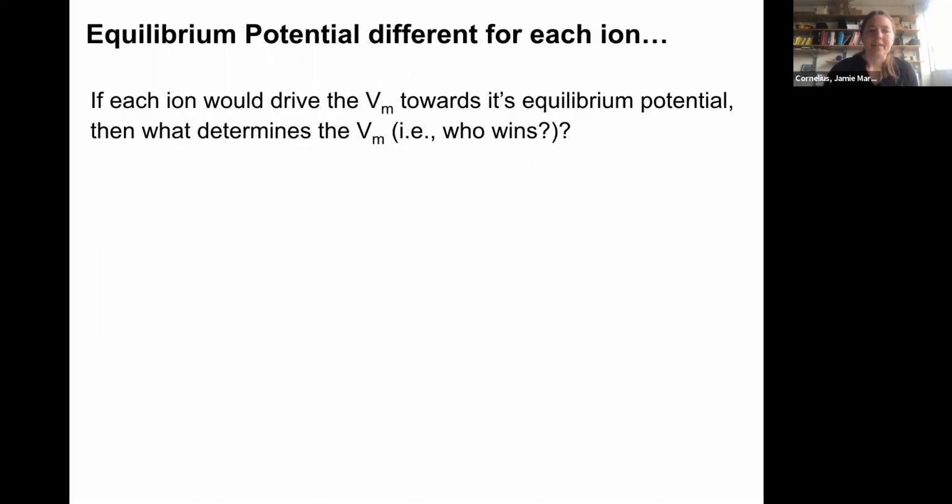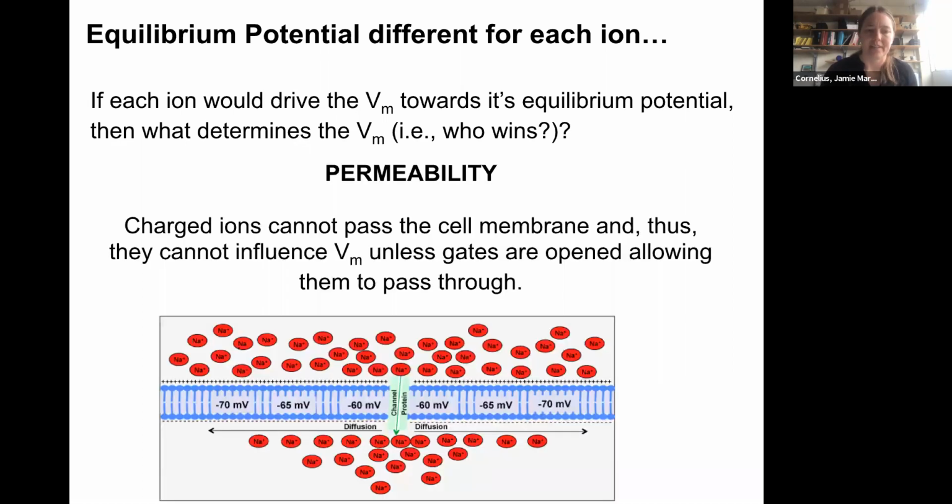Okay, so if each ion would drive the membrane potential towards its own equilibrium, then what determines the membrane potential? In other words, which ion wins? This is dependent on permeability, as we've been referring to frequently.